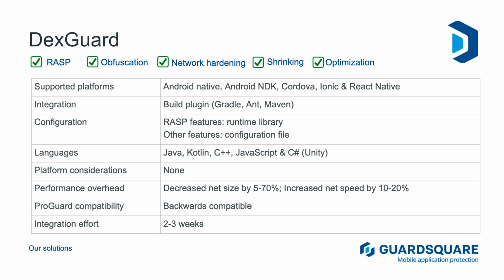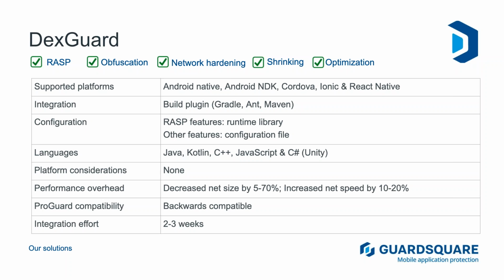I see a question, what's the impact on the size of the app? So the size of the app, the net size in the end will actually decrease by 5 to 70%. So your app will get smaller because we can optimize and shrink more than the overhead of the obfuscation features imply.